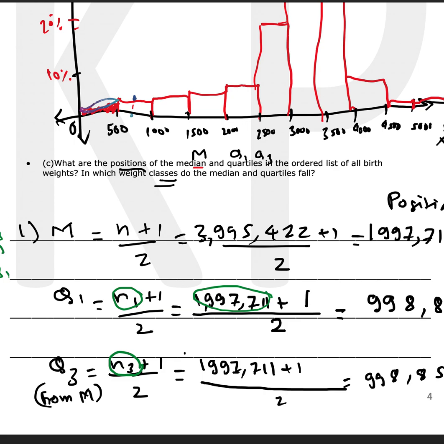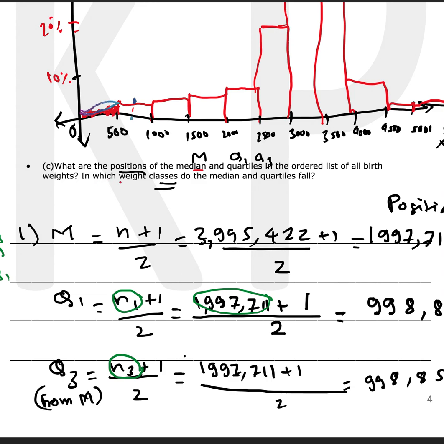But we should be interested in the position from the starting point rather than from the median, because in the sub question we have to answer in which weight classes the median and quartiles fall, and we go from 0 because of the concept behind cumulative frequency.